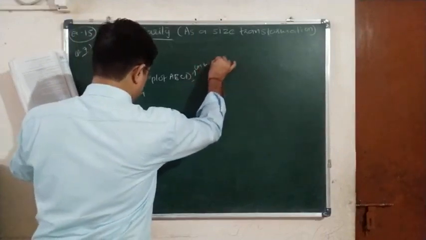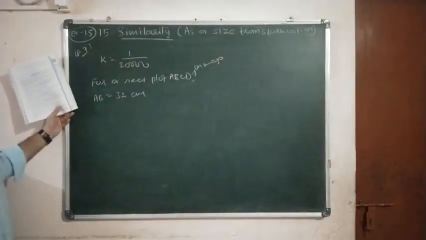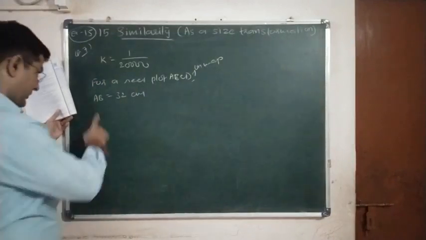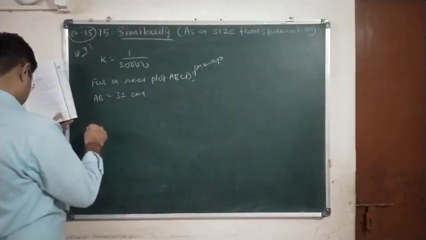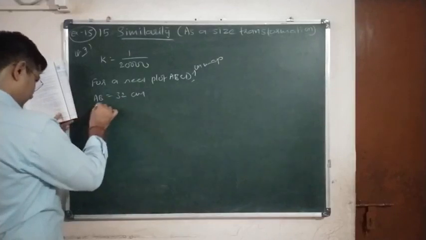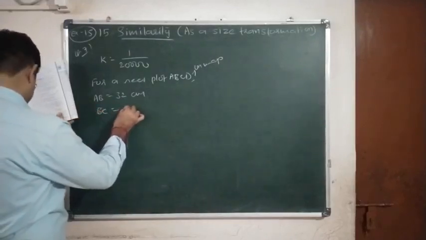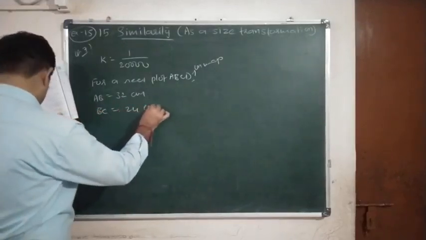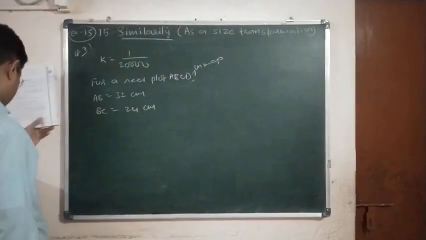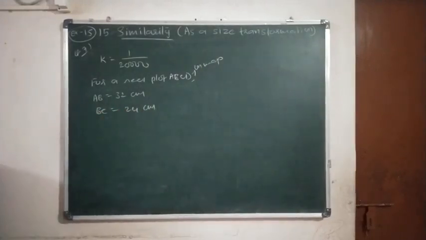For a rectangular plot ABCD on a map, you are given the measures. AB is 32 centimeter, then BC is given to be 24 centimeter. We have to calculate the diagonal distance of the plot in kilometers.